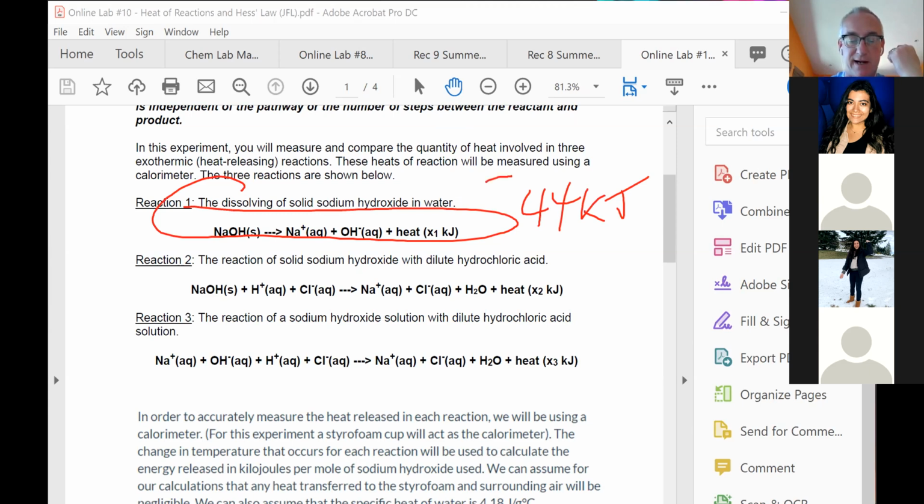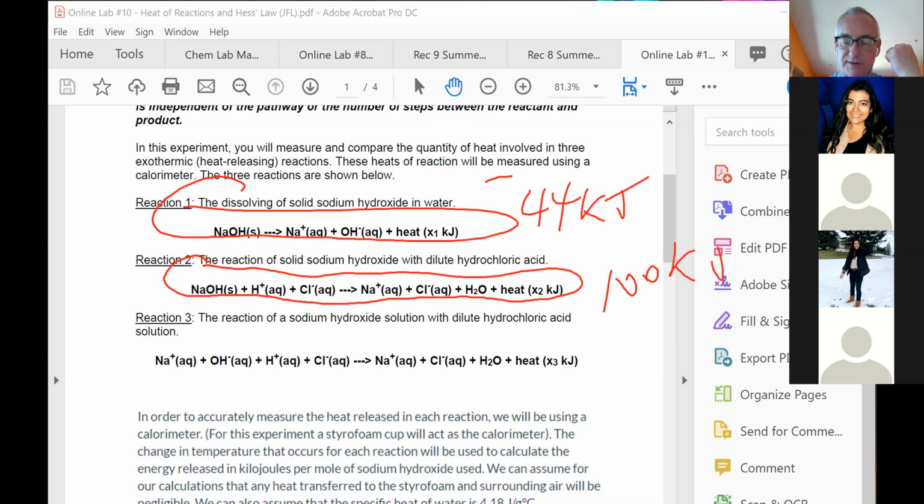And then we just did our second reaction, that one, and our delta H for that one was 100 kilojoules. Now, is that going to be negative or positive? Negative, because the temperature went up. It released heat into the water, so it lost energy.